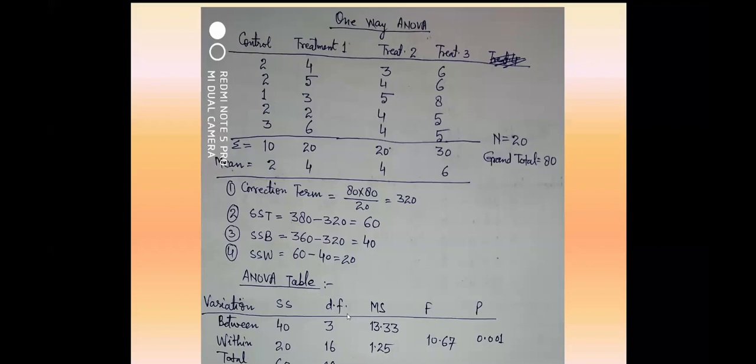And I have calculated the correction term, then the SST, SSB, SSW values. And then finally this ANOVA table has been constructed based on the SSB, SST, SSW values, and their degrees of freedom are given.